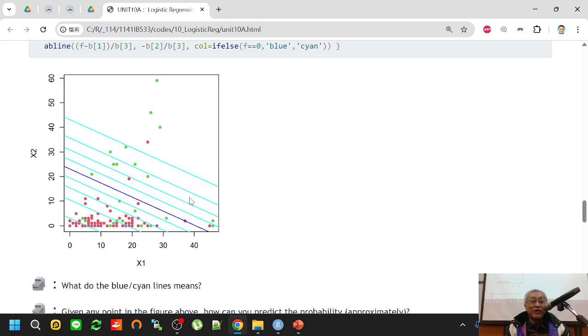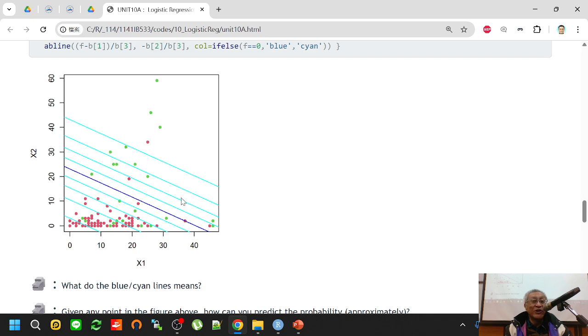Right? So in this way, given any point in this space, for example, here, okay? If I have a point here, what is the probability of y equal to 1? Anyone? I mean that this is the probability of y equal to 0.7, and this is the probability of y equal to 0.8, right?